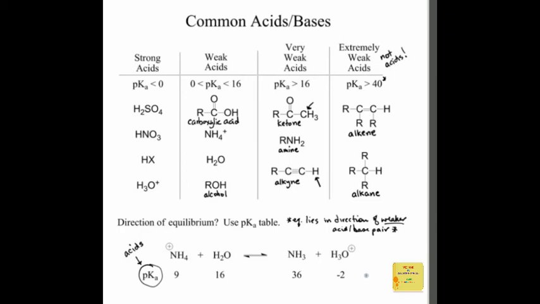The acid is the one who donates a proton, and it looks like the ammonium is acting as an acid, and in this reaction, water is acting as a base. It's accepting a proton. So in this reaction, the pKa of water is irrelevant because water is not donating a proton. So 9 is the pKa for the forward reaction.